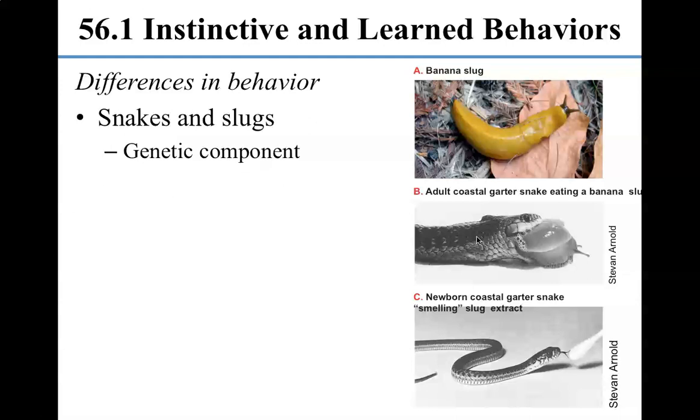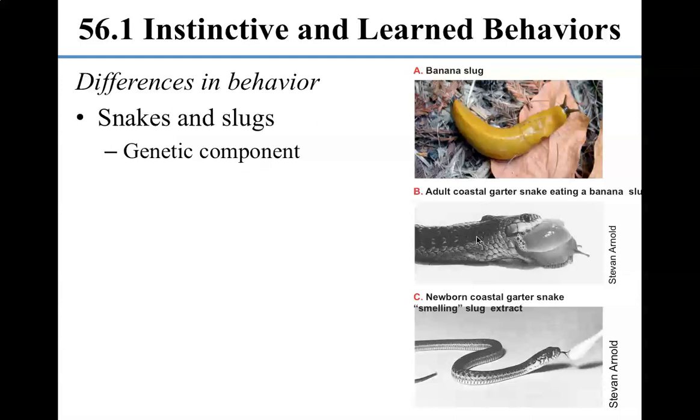And so in this research, what they did was they rubbed a cotton swab on a banana slug, and then they waved the cotton swab in front of baby snakes that were reared in a lab, that were descended from coastal garter snakes.